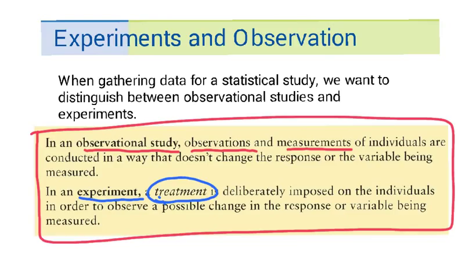We would give some number of people or animals, we can talk about that and debate about ethics and whatnot, but we would give some sort of life form the drug that we're interested in testing and see what their response to that drug is. So now we're doing something to the individuals. We're not just looking at them, we're doing something and then seeing what effect it has on them.